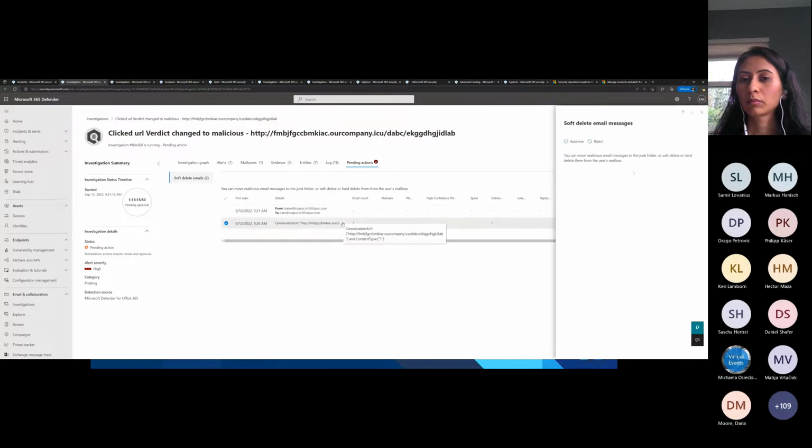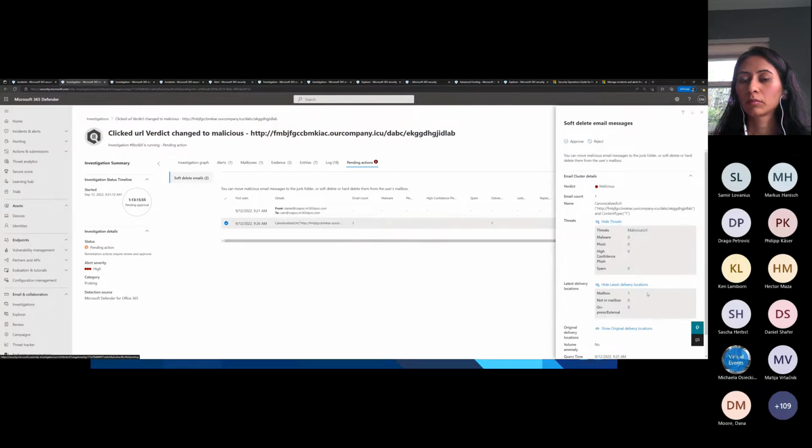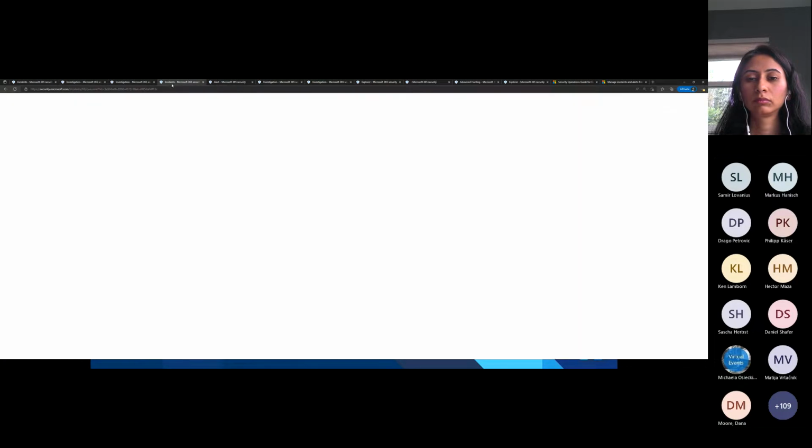Okay, so there are pending actions here to delete some emails. Pending actions, this is a change I think we did last year. John was leading that work. We only show pending actions for things which are still in the user mailbox and have malicious threats, high confidence phish or malware threats. Okay, so that's the queued pending action. And either you approve this action, which was found by the investigation, here in the investigation page, or you can also do this on the incident level as well.